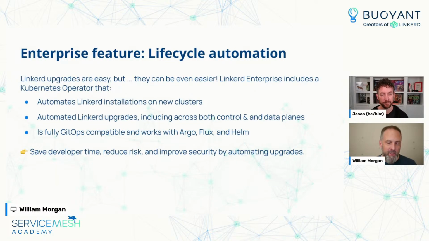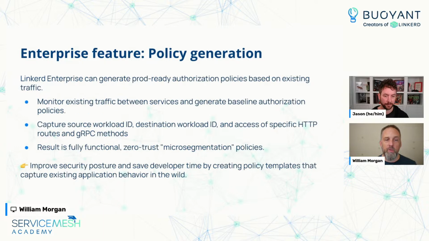All right, lifecycle automation. I talked about this already. It's an operator that automates installs and upgrades, and is fully compatible with your GitOps tool of choice. Policy generation, I'll just touch on it briefly. We're not going to see that today, but we can do a lot of interesting things around observing the traffic in your system and generating policies that allow you to capture what's already there. This gives you a really nice way of bootstrapping into a fully zero trust environment.